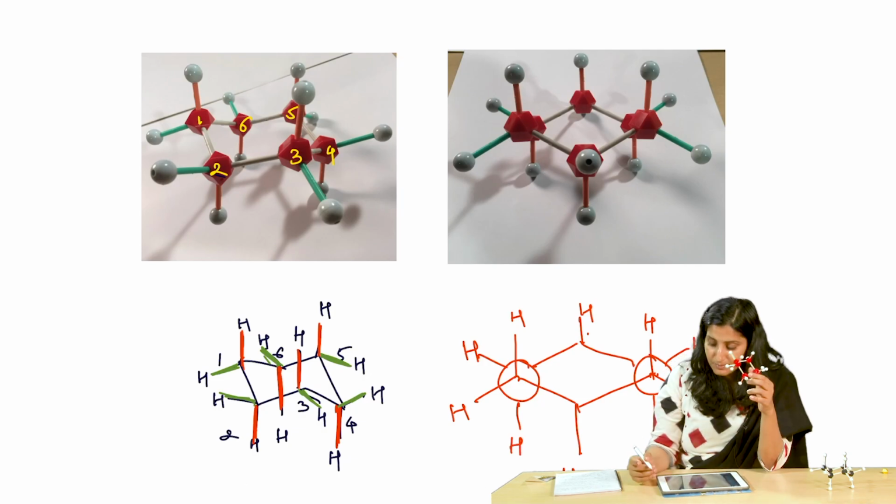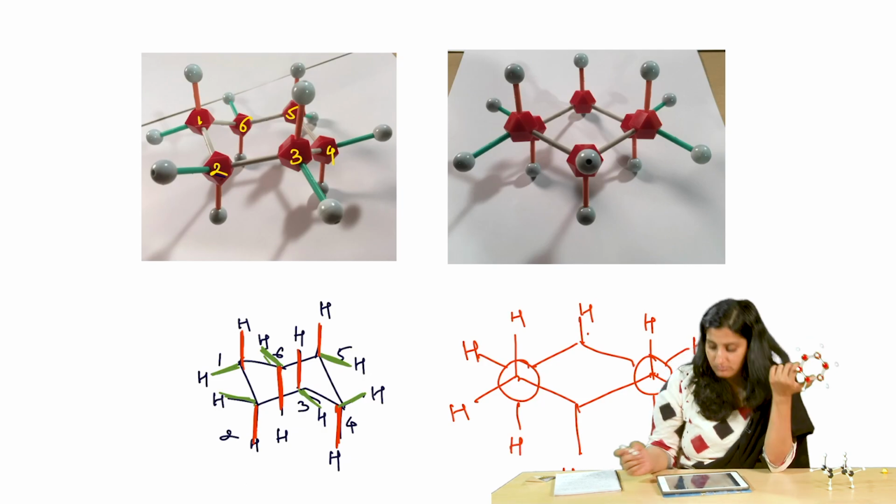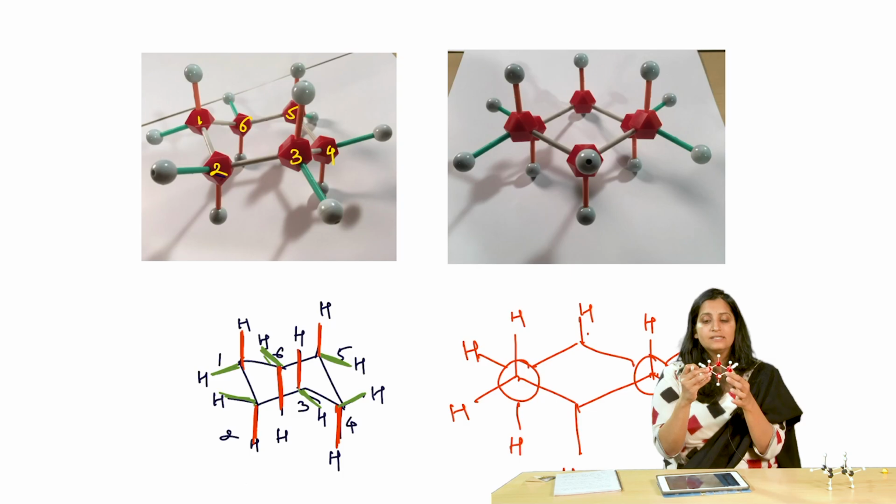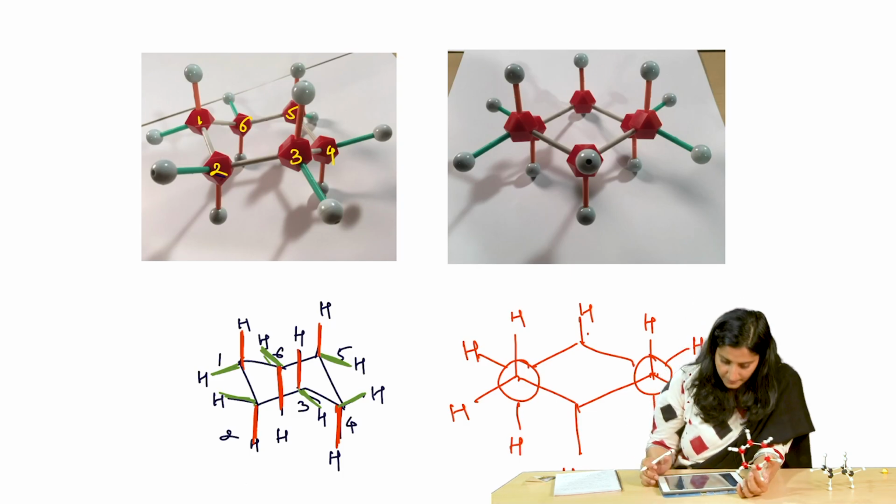So, there are no eclipsing interactions and the entire conformation becomes more like a staggered conformation, as a result of which there is no torsional strain and the chair becomes one of the most stable conformers of cyclohexane.